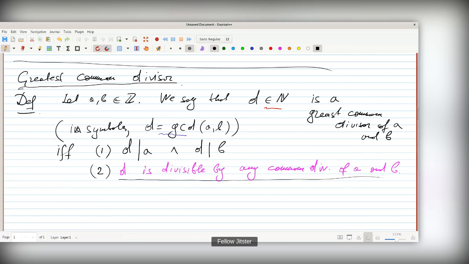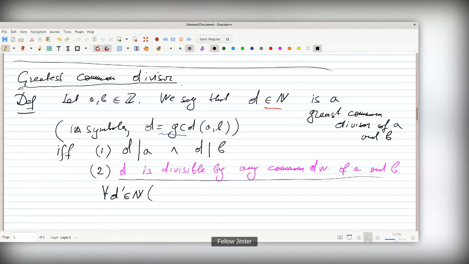It is divisible by any common divisor. And now let us use quantifiers. For every d prime, in fact, you can restrict it to naturals because x is divisible by y if and only if x is divisible by minus y. The sign matters little here.